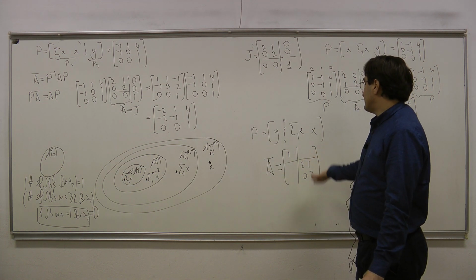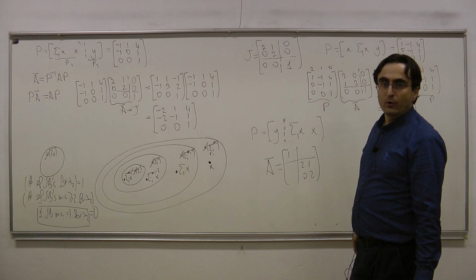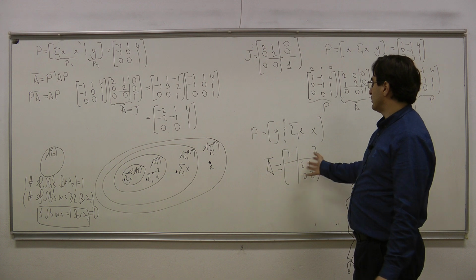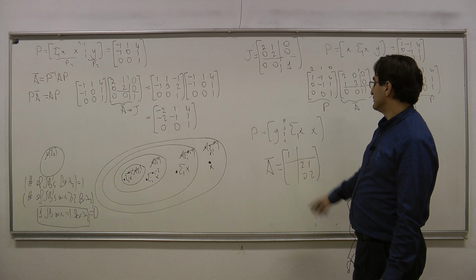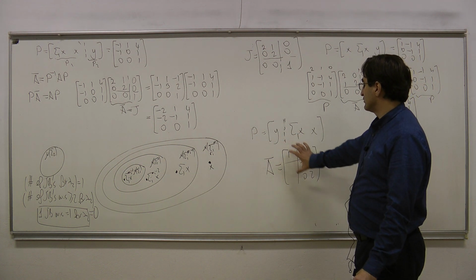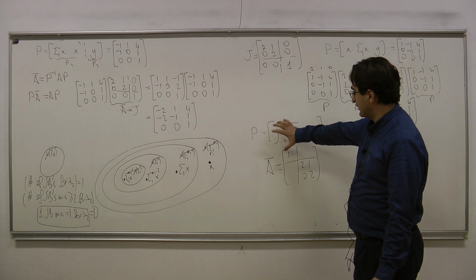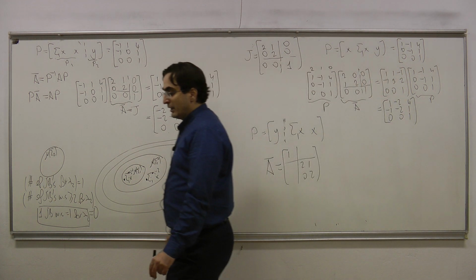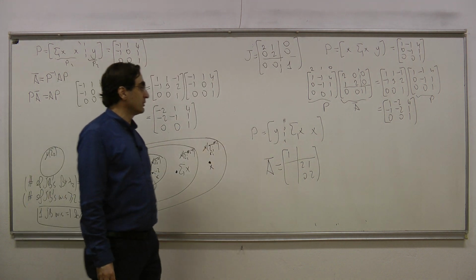So this matrix is also in Jordan canonical form for our purposes, but as I told you, in this course we will always try to order the Jordan blocks from the largest to the smallest, largest at the top and the smallest at the bottom. But this is of course also in Jordan canonical form.